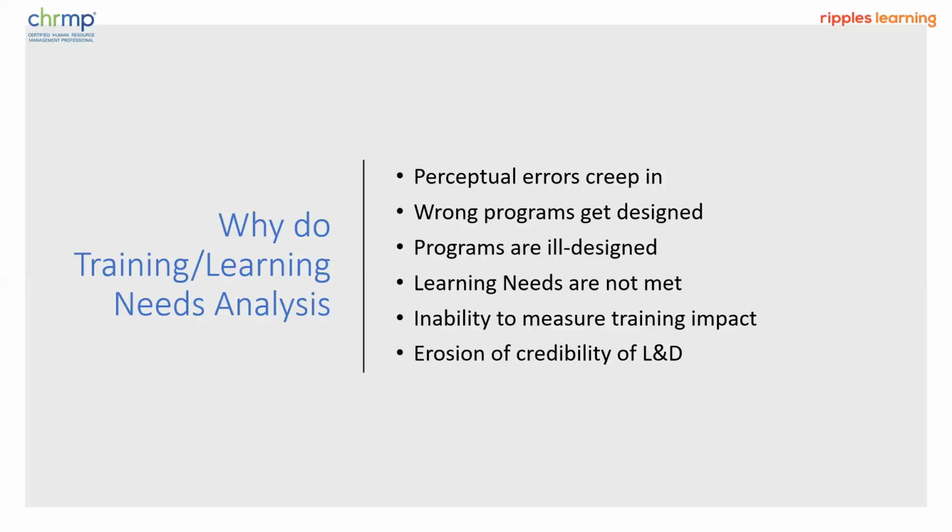You'll address the wrong problem, you'll solve the wrong problem, and the problems you have ultimately won't go away, because they won't be addressed. So this is one important aspect of training needs analysis. Absolutely, so perceptual errors creep in.